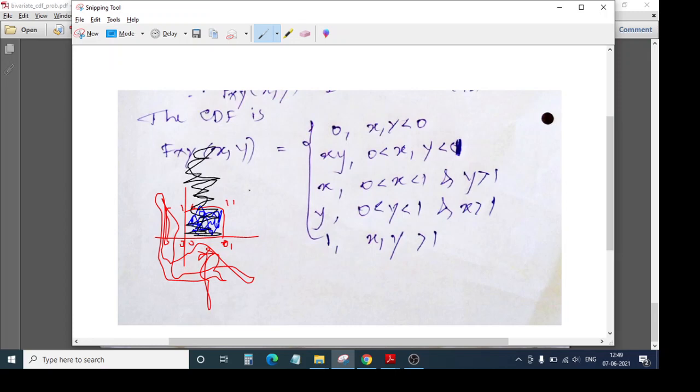Fine. Finally, y is in between 0 and 1 and x is greater than 1, so this area has been covered.